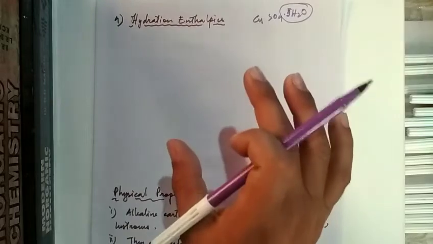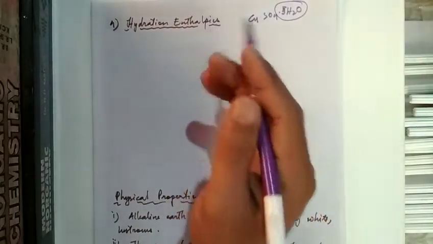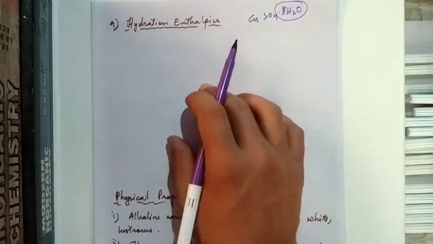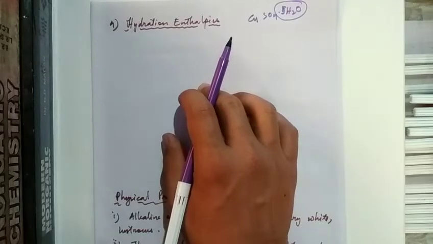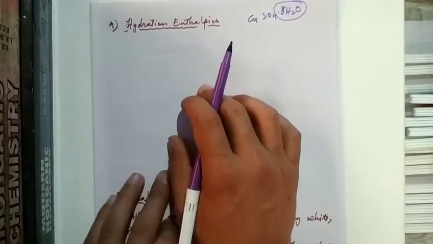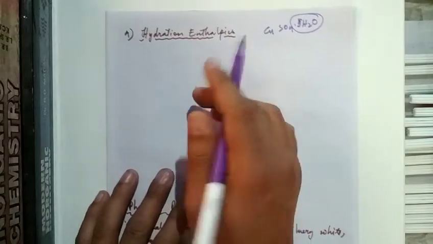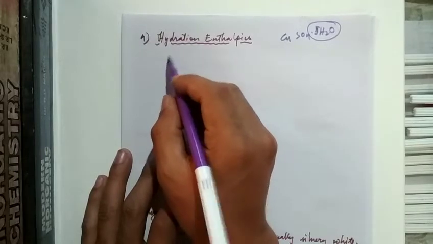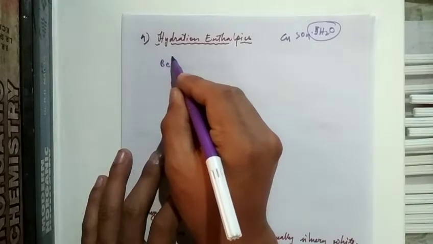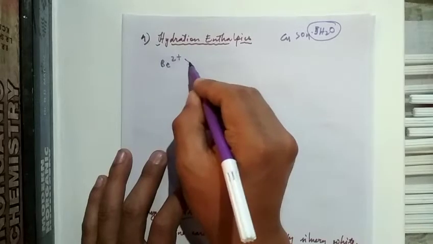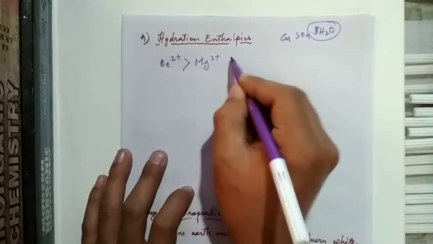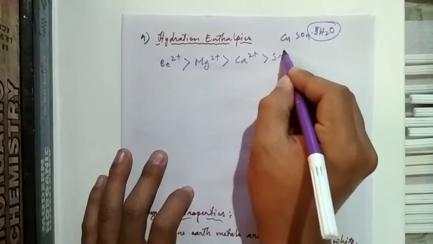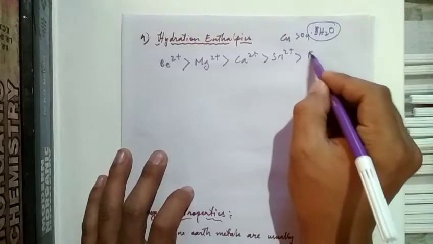We have discussed hydration enthalpy before also. The smaller the size of the ions, the higher the hydration enthalpy. So in this case, the hydration enthalpy of beryllium, Be2+, will be the highest, Mg2+ second, Ca2+ third, strontium fourth, and lastly barium 2+.